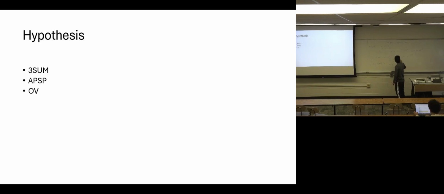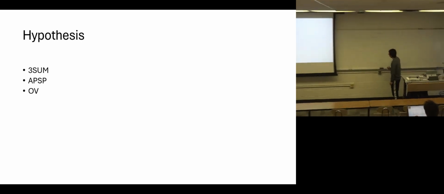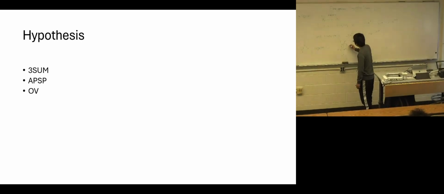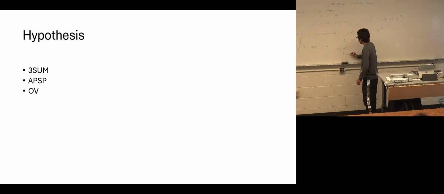And you have another 0, 1 matrix B. This is n, this is log squared again. You want to multiply these together, and you ask, is there a 0 here? Does there exist a 0 here?